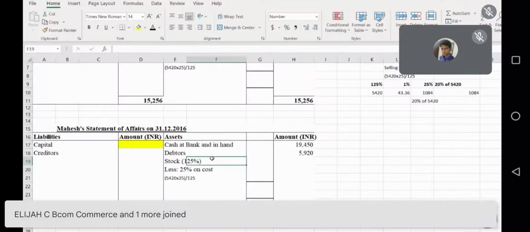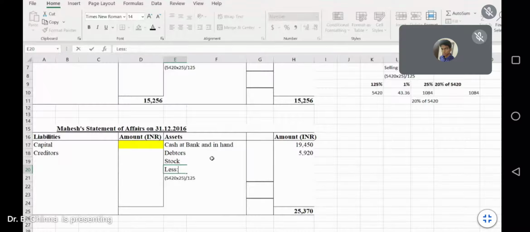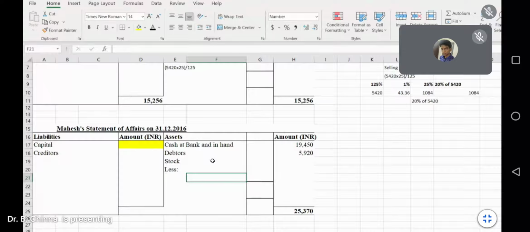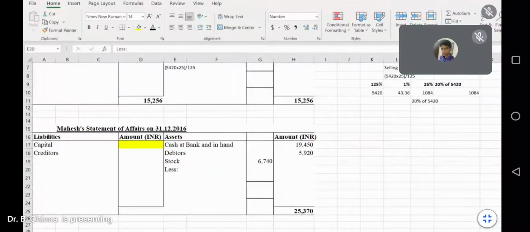Okay, now for cost here it is different because the adjustment is also different. What is the value of stock here? 6,740. Okay. What do we need to less here? We need to less the profit. 25% profit. Gross profit. 25% of profit.